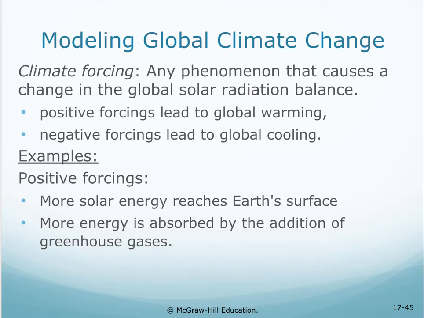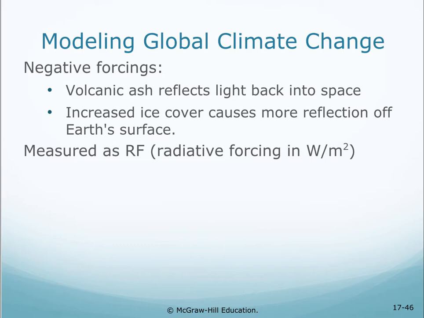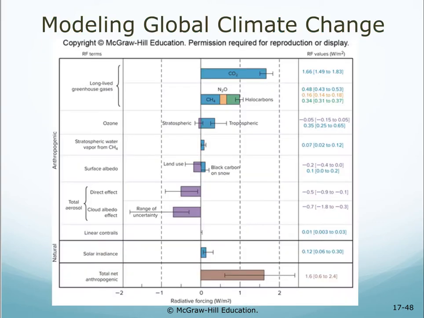More energy is absorbed by the addition of greenhouse gases. Negative forcings: volcanic ash reflects light back into space. Increased ice cover causes more reflection off Earth's surface. It's measured as radiative forcings.